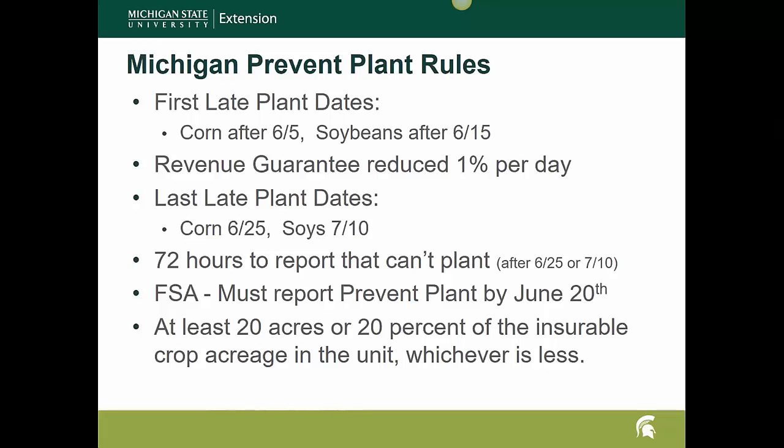And so that 18 acres of no plant is going to be weighted in with your yields. You're only going to have 180 acres of planted crop, but that yield will be divided over 200 acres in my example.